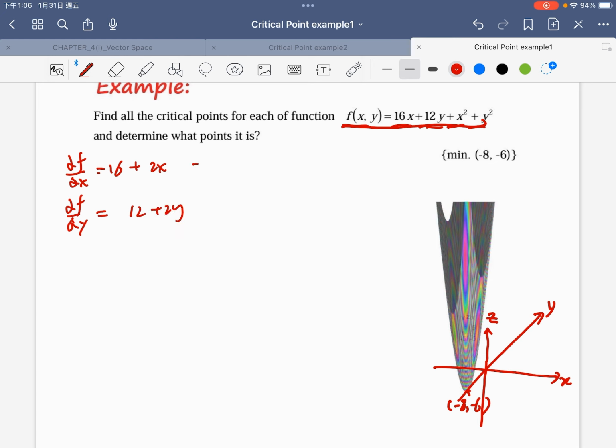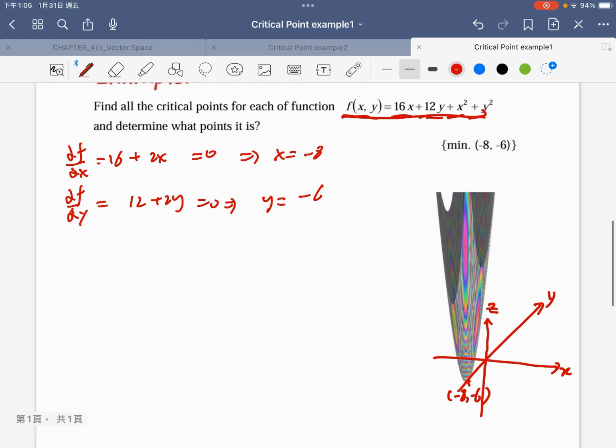Set these equal to 0. For the first one, we have x equal to negative 8. For the second one, y is equal to negative 6. Then the critical point is (negative 8, negative 6).